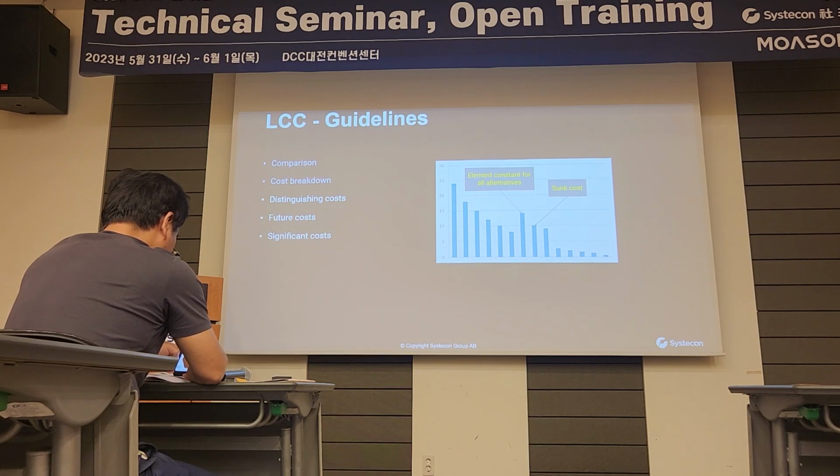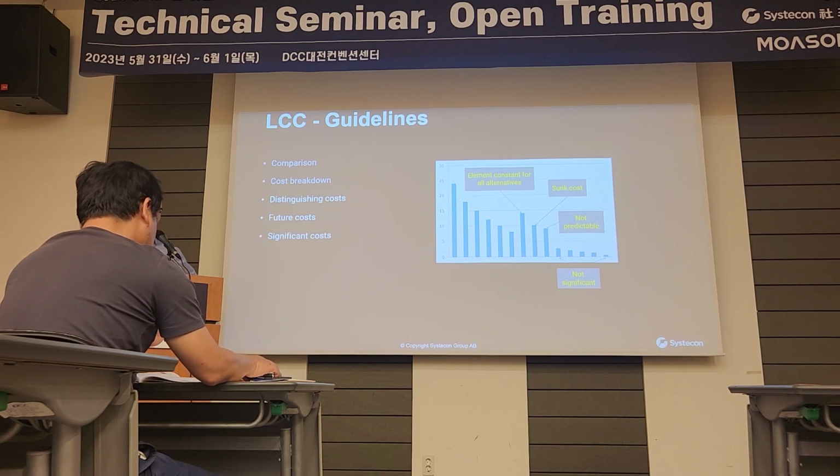We should leave them out of the analysis. Also, costs that are not predictable at all should not be included, as well as cost elements that are insignificant, too small or irrelevant. So it's the same thing as with the product breakdown model. Use the things that are important, that are relevant, and leave out all the details and things that you cannot impact.